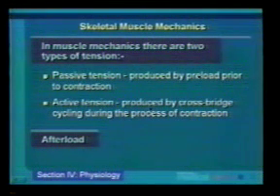Now, when cross-bridges cycle, they don't have to produce active tension. But if you generate active tension in a muscle, it is only generated during cross-bridge cycling, which means it is generated during contraction. So just to summarize this then, passive tension is always generated before a muscle contracts. Active tension is only generated during the process of contraction.